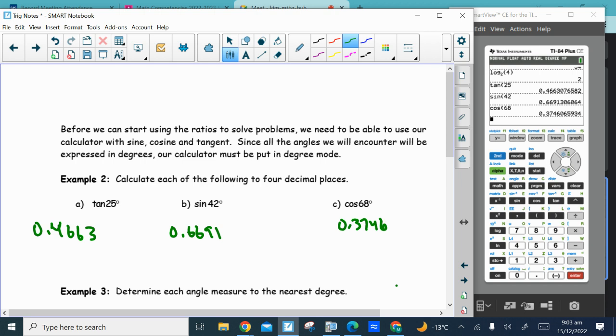When they took the ratio of the opposite over the adjacent from 25 degrees, they always got 0.4663 every single time. And so they gave that ratio a name. They called it the tangent. And your calculator has these values programmed in. When I first started high school, we didn't have scientific calculators.